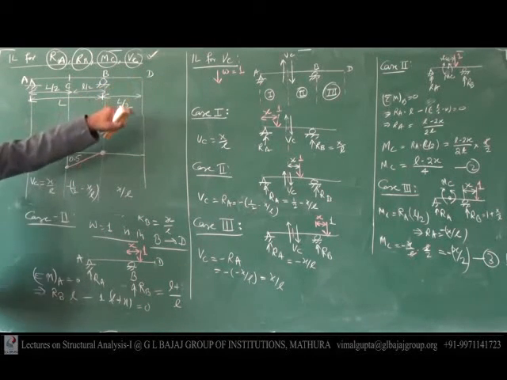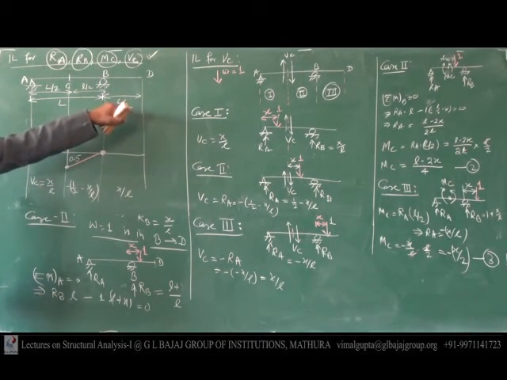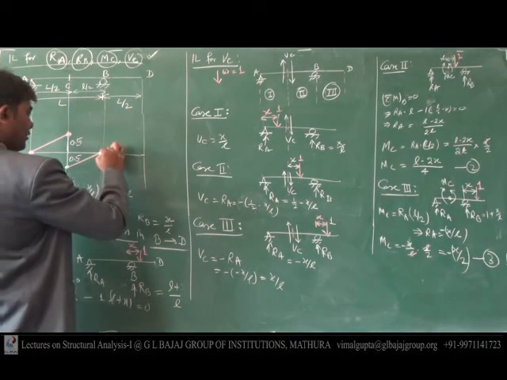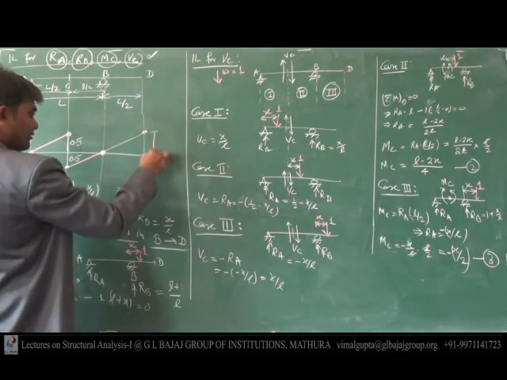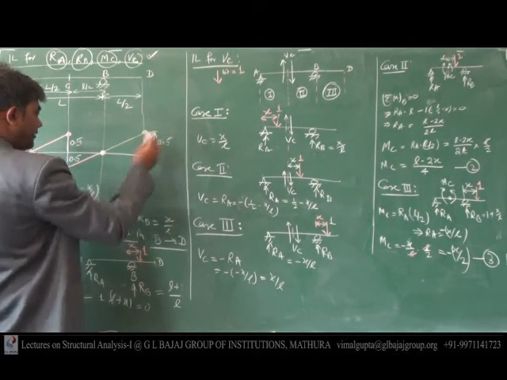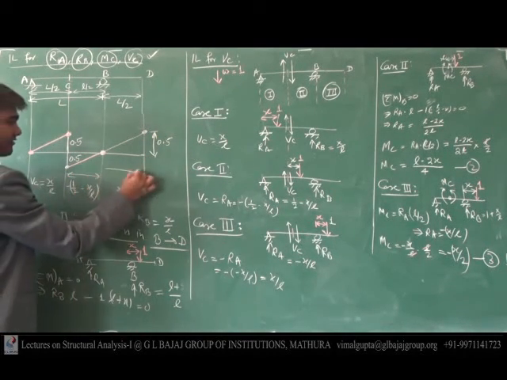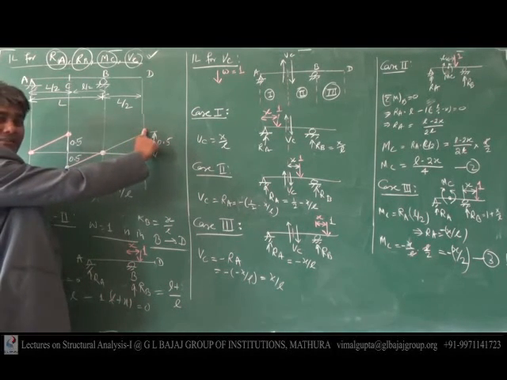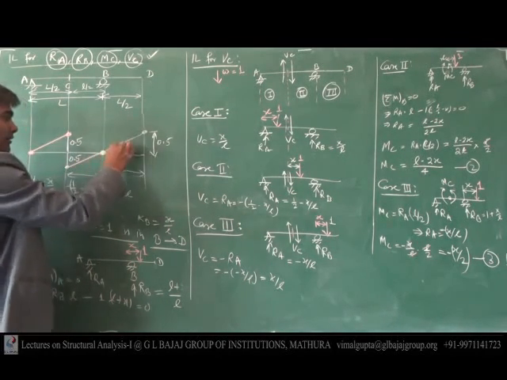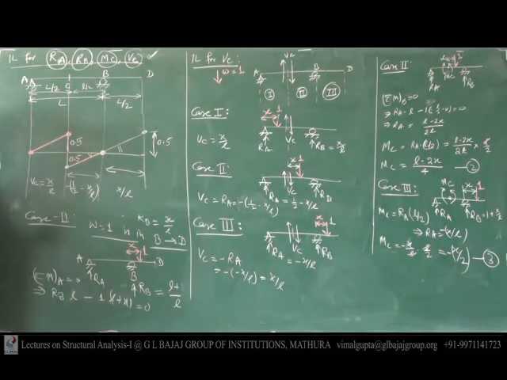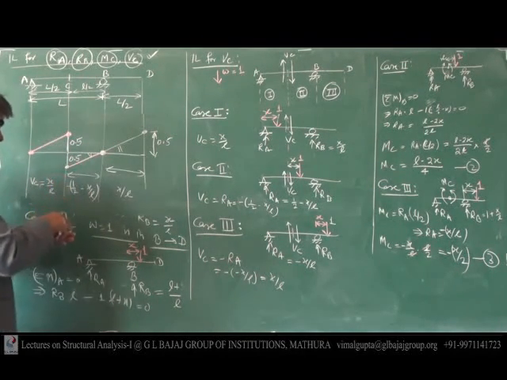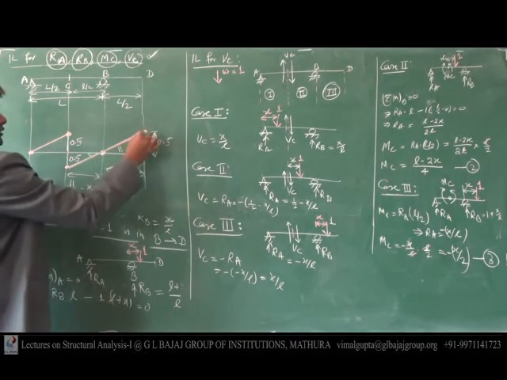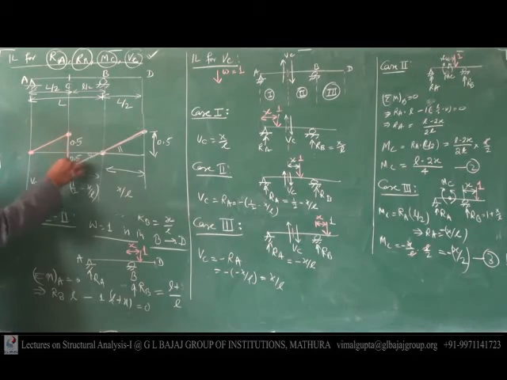At point D, value of x is L by 2, put here 0.5. This value is 0.5. Okay. Since this distance and this distance is same, and since this ordinate is same, what it means? This angle and this angle will also be same. That's why... and you join this.